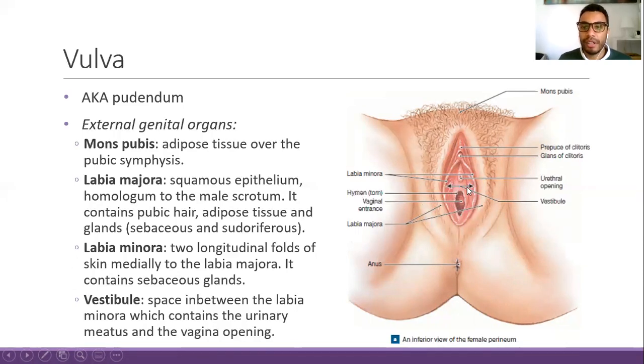So this space is called vestibule. In the vestibule, we can see the urethral opening here, anteriorly, and the vaginal opening here more posteriorly, okay? There are other structures that you can see here in the next picture.